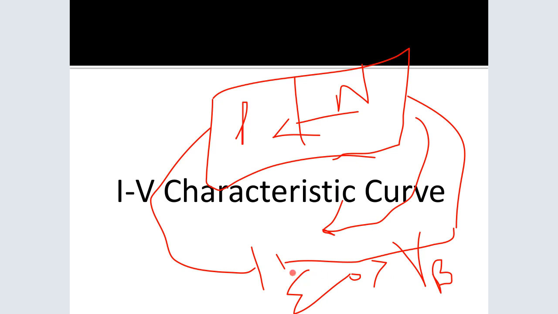The external supply voltage, we can call it EMF source, or we can call it VS. Okay, so these are symbols that we'll meet quite often. So when VS is greater than VB, electrons can flow and current can be realized in this circuit.